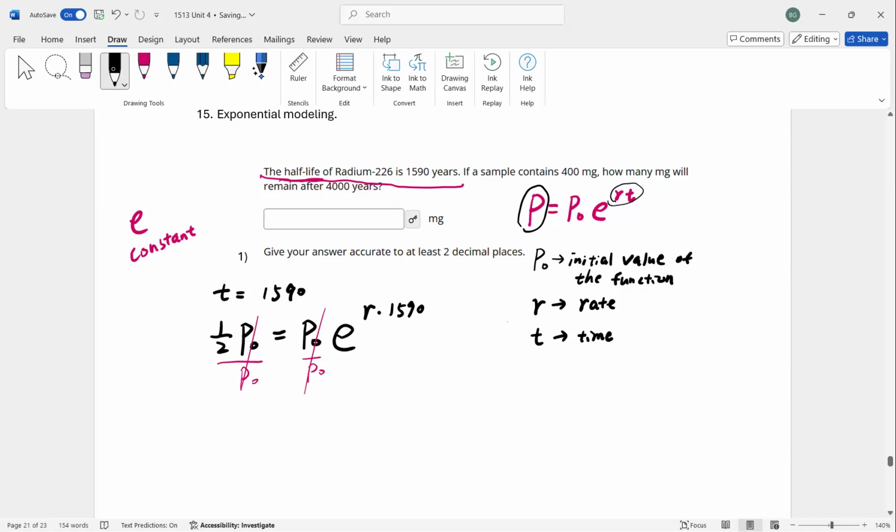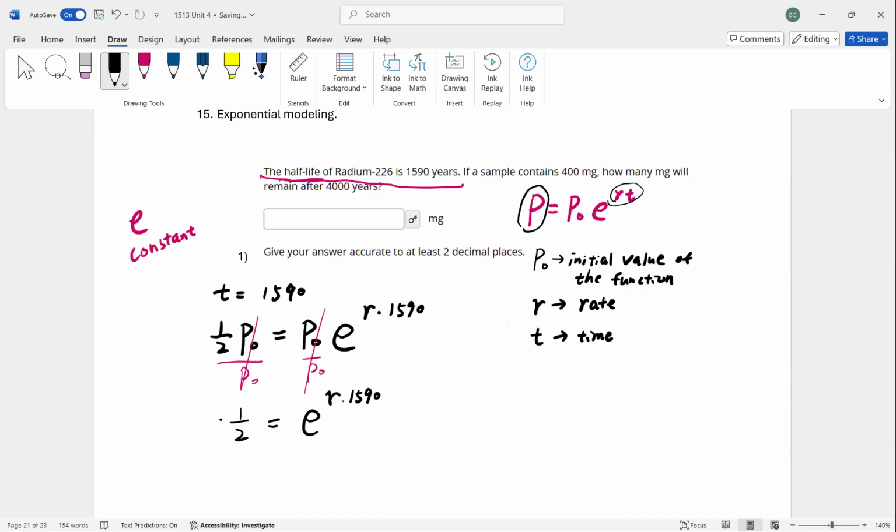After that, we should only have 1/2 equals e to the power of r times 1590. The equation now has only one unknown. The unknown is r, so we can calculate the value of r. The first sentence actually gives us a way to find the value for r. r is the rate. Okay, so let's see how we find the value for r.